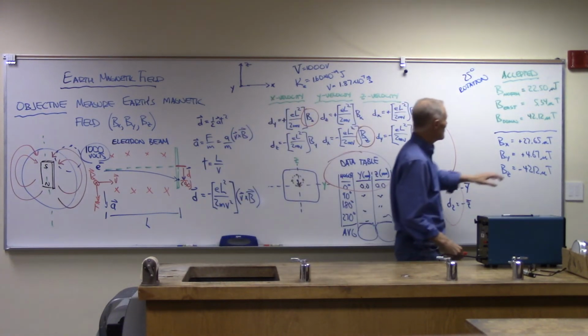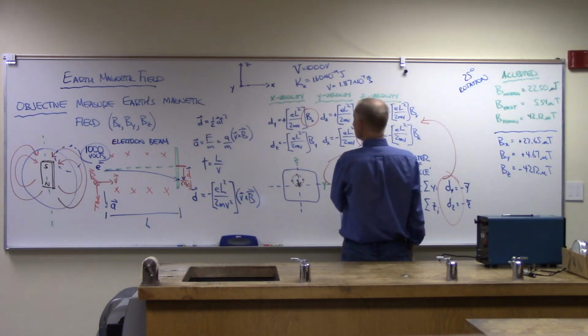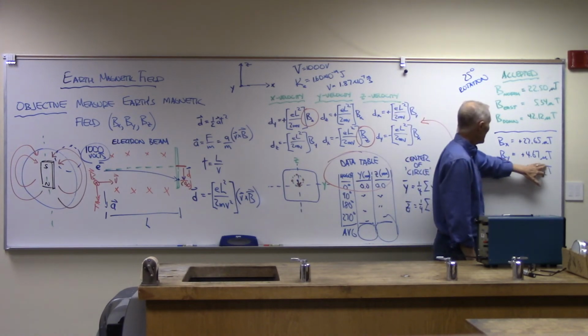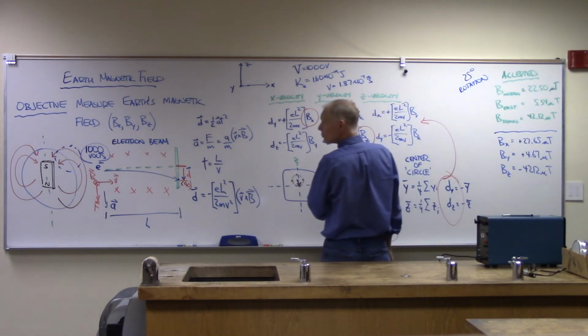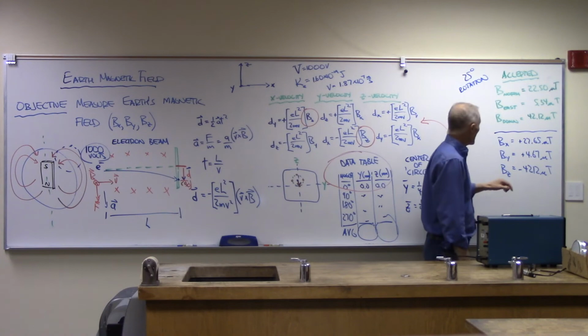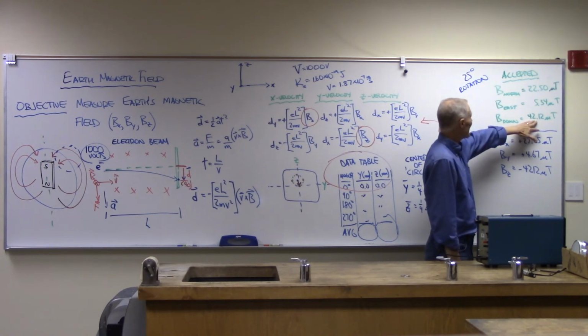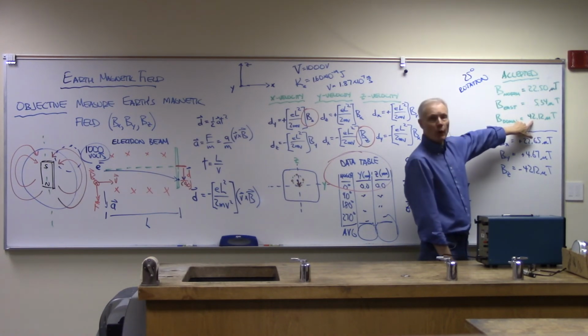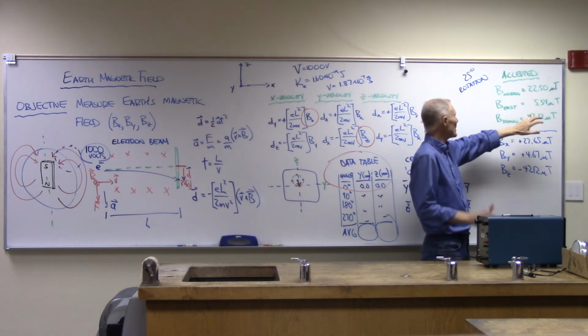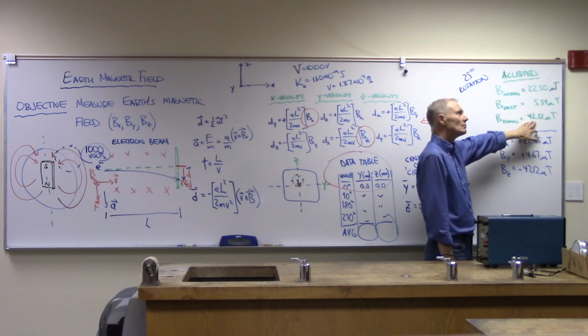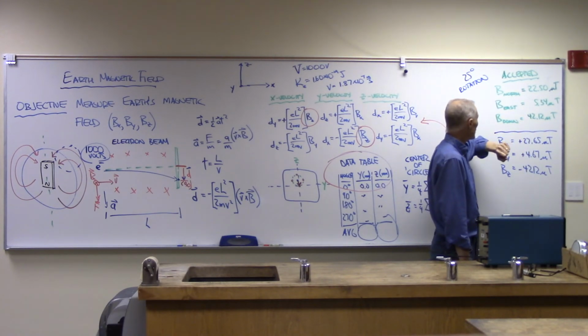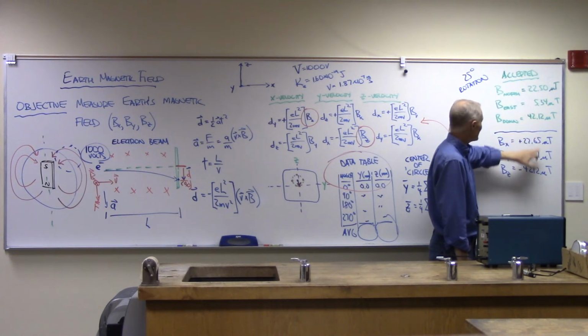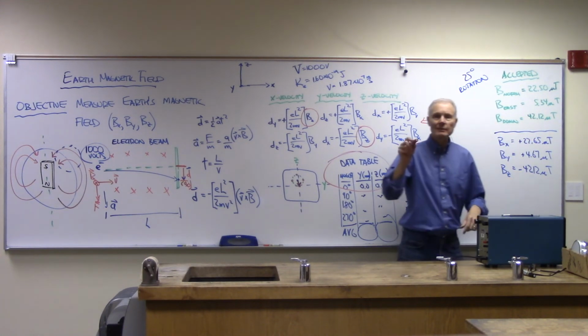So we've got these microTesla for the magnetic fields. I did change a sign on the down component, because NOAA reported this as down, but in our coordinate system that has a negative sign.